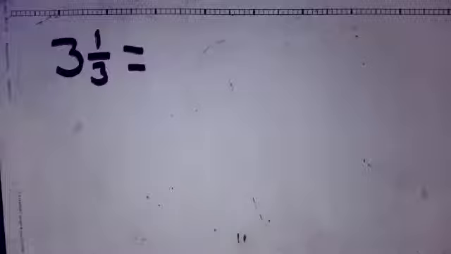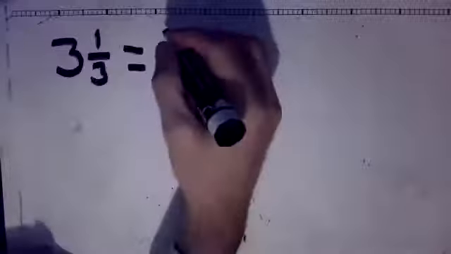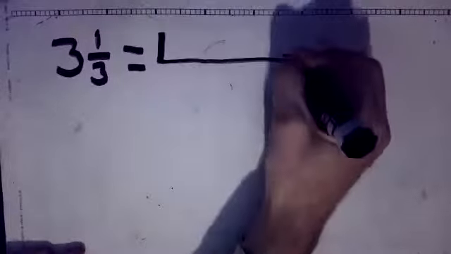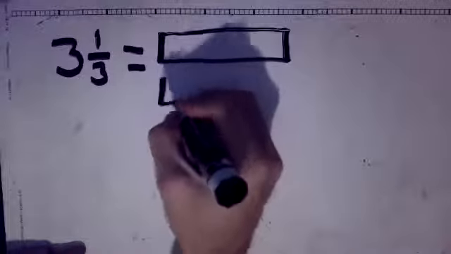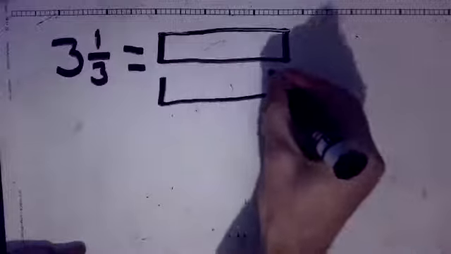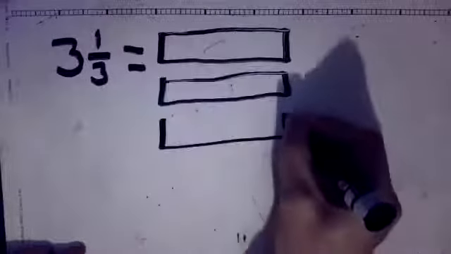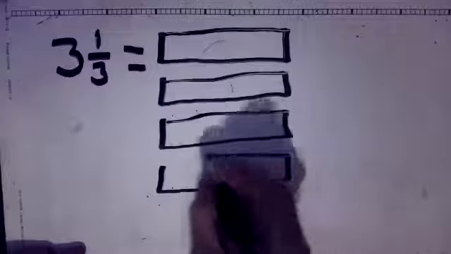The first way is we're going to draw out our fraction bars. And I'm going to say I have 1 whole, 2 wholes, 3 wholes, and we're going to have 1/3.